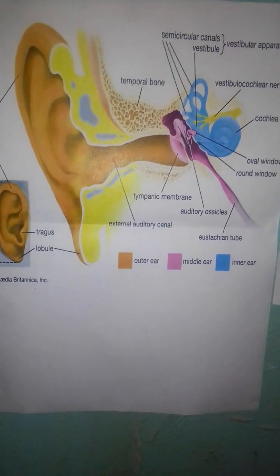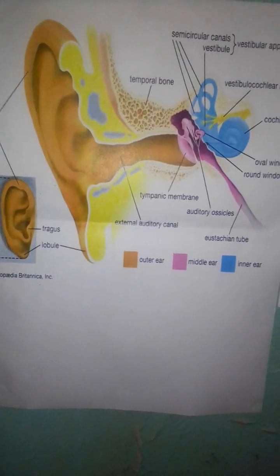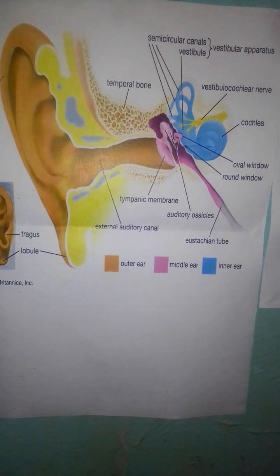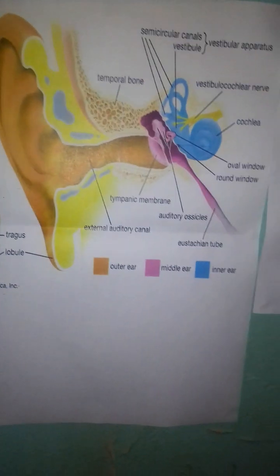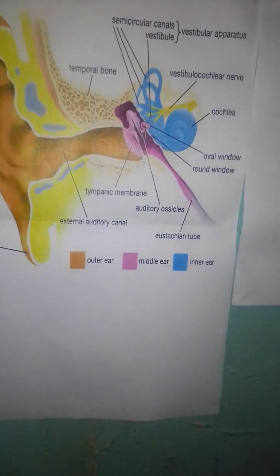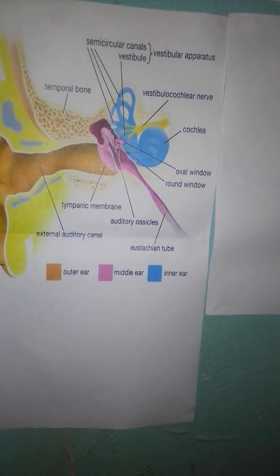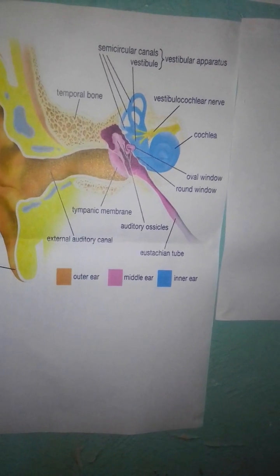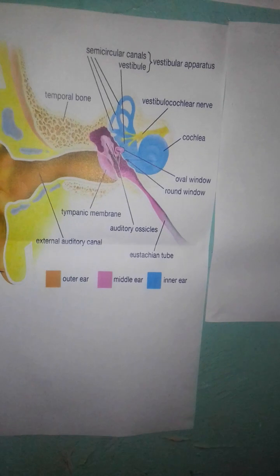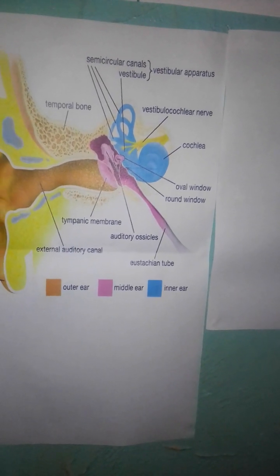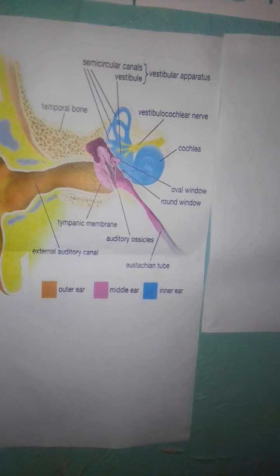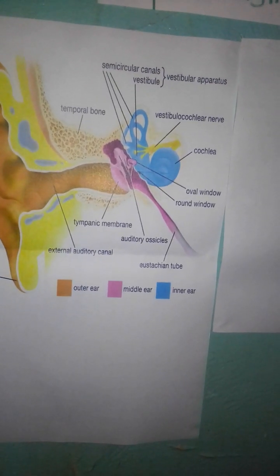There's an auricle there. It's also the external auditory canal, and there's a tympanic membrane, which is where the middle ear begins, and the auditory ossicles, which are the malleus, incus, and stapes.